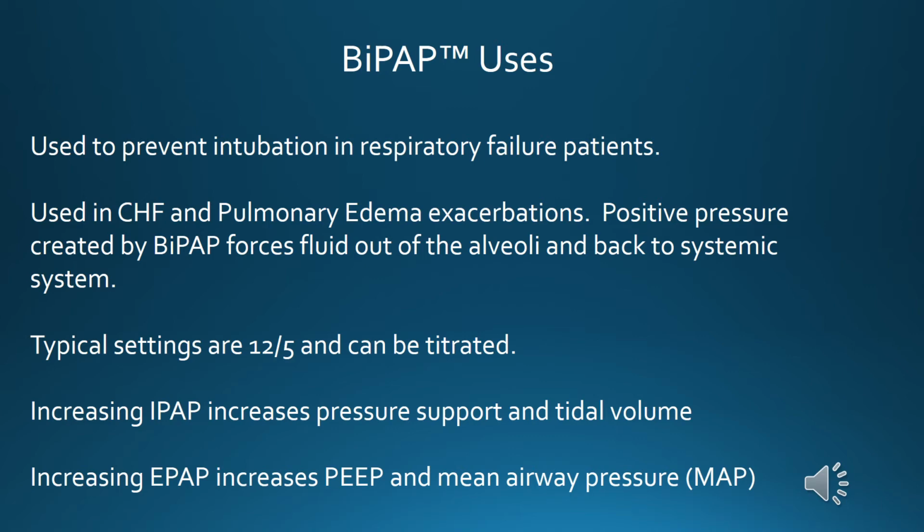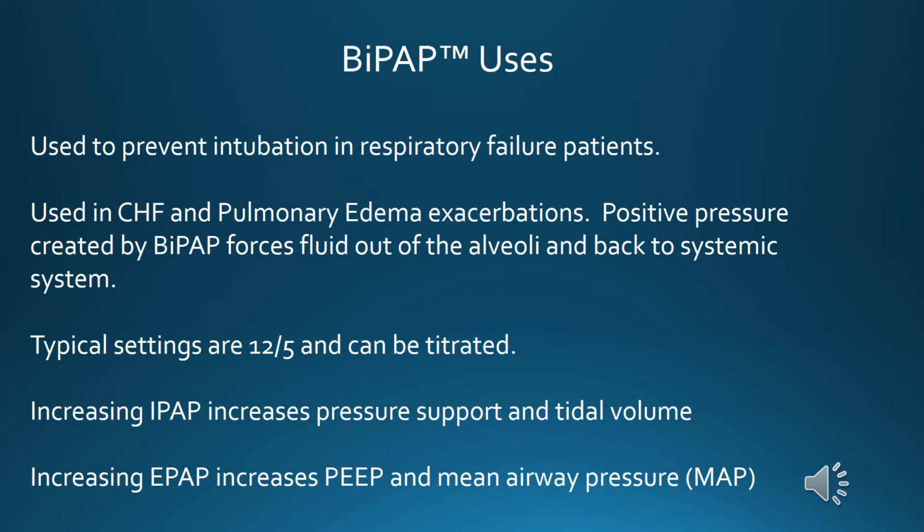The BiPAP is, again, used to prevent intubation in respiratory failure patients, and used in congestive heart failure and pulmonary edema exacerbations. Positive pressure created by BiPAP pushes fluid out of the alveoli back into the systemic system. Typical start settings these days are IPAP 12, EPAP 5, and then you can titrate it as need be.